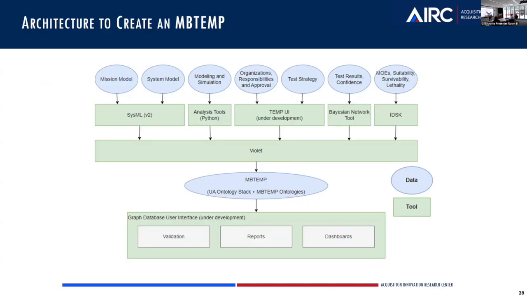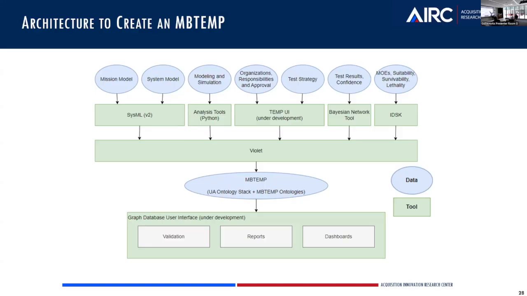Then you have your modeling and simulation, which in this case would be Python. You have your user interface for your TEMP, which in this case, the input would be from your organizations and defining a lot of your test strategy. Test strategy in this case, we're using more from the perspective of defining your plan for your TEMP, but also getting to the point where we really want it to be dynamic.